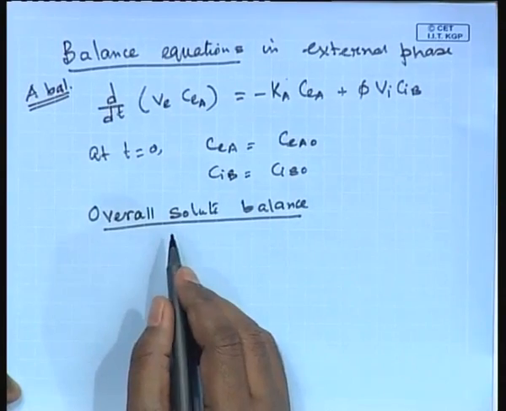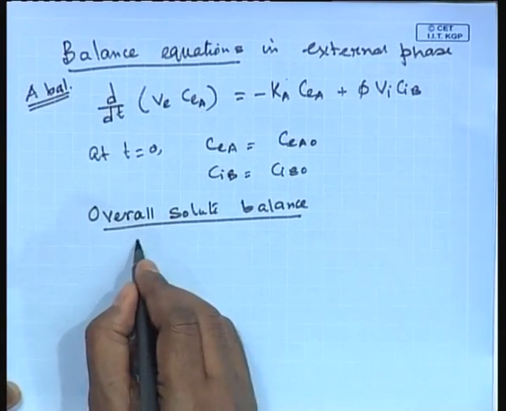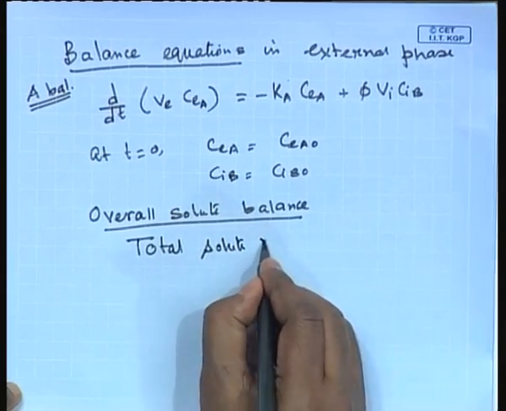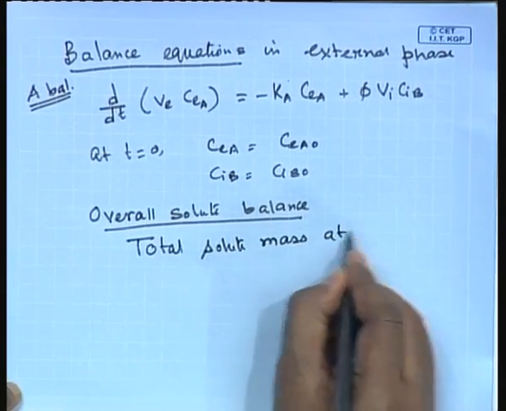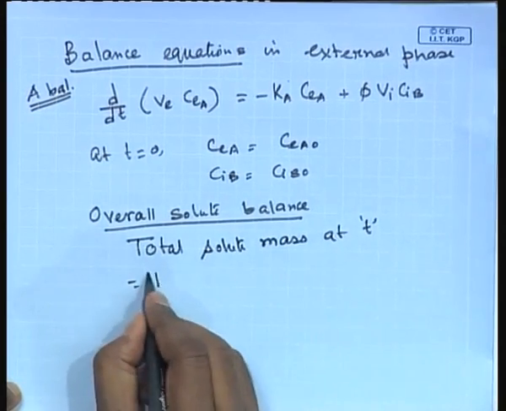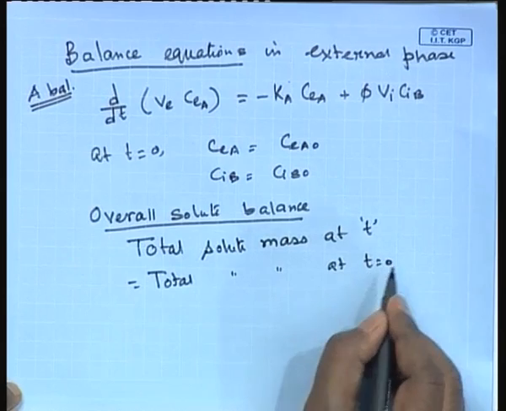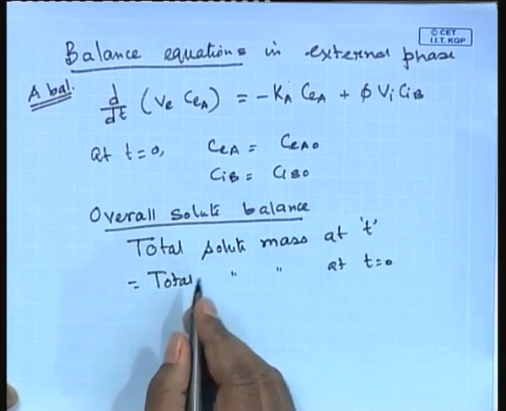So, the overall solute balance will give you total solute mass of A at time t is equal to the total initial mass. Total solute mass at any point of time is equal to total solute mass at t equal to 0. So, mass balance will always be maintained.